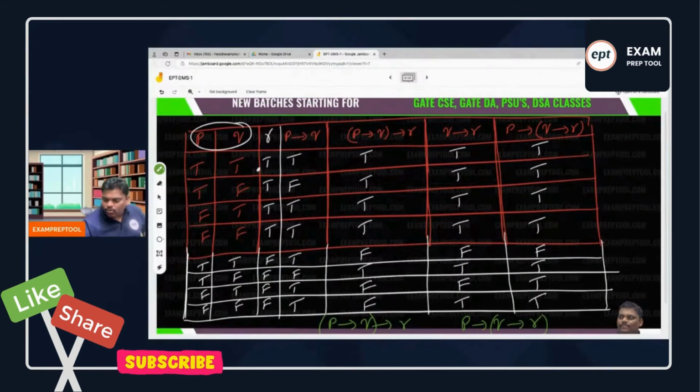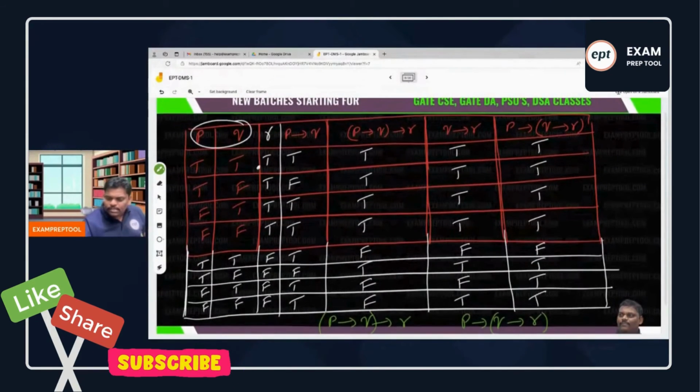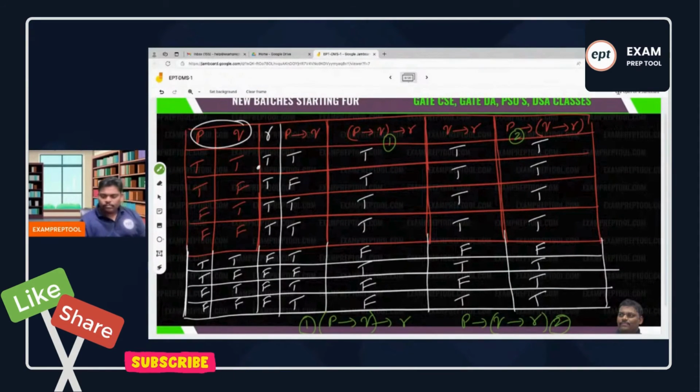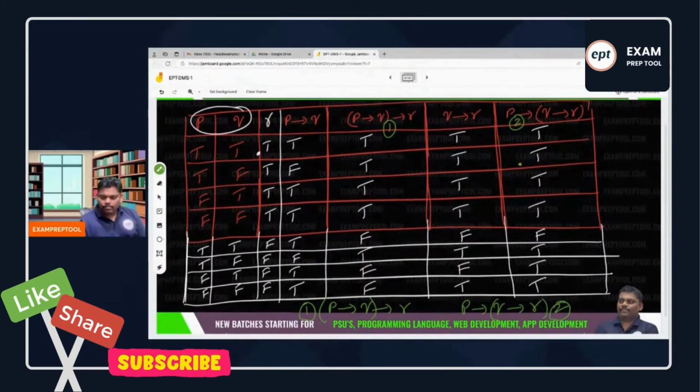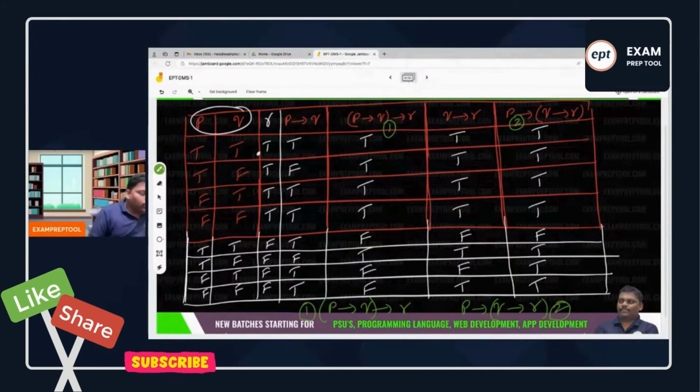These two, are they true or not? This is number one. This is number two. Are they the same? Please verify.